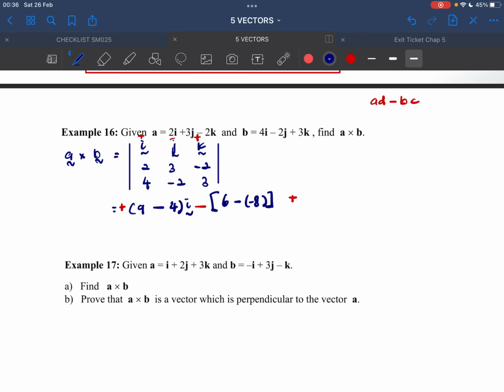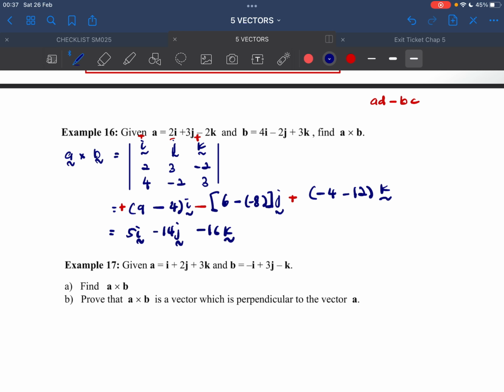Here we have minus, and the last one we have plus. Close the K row here, we have AD negative 4 minus BC, which is 12. So we have negative 4 minus 12 K. Make sure you calculate properly, and then we should have 5I minus 14J minus 16K.